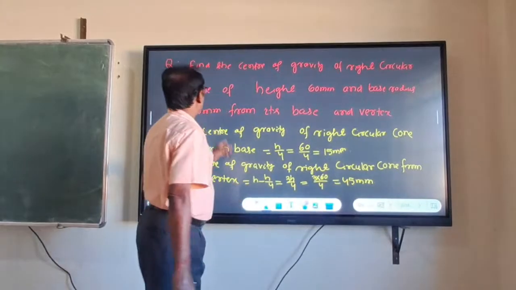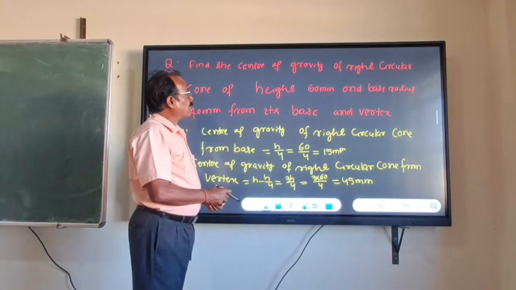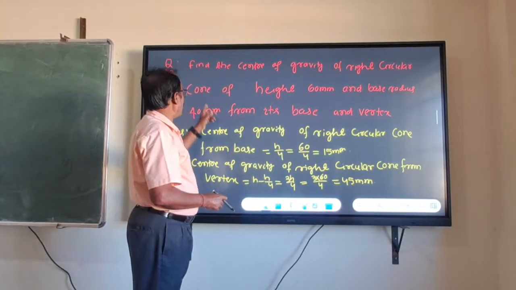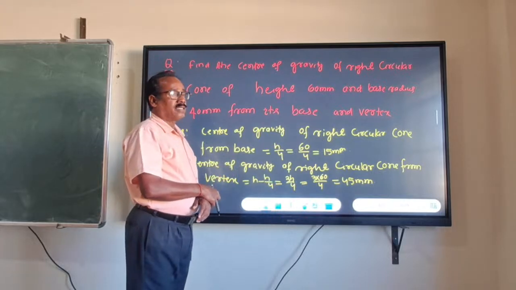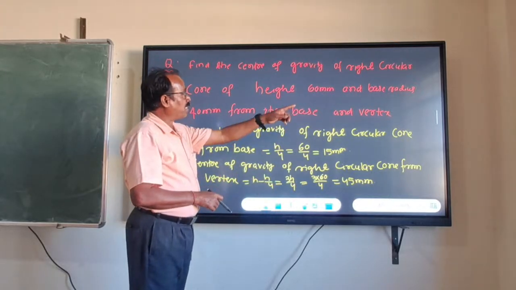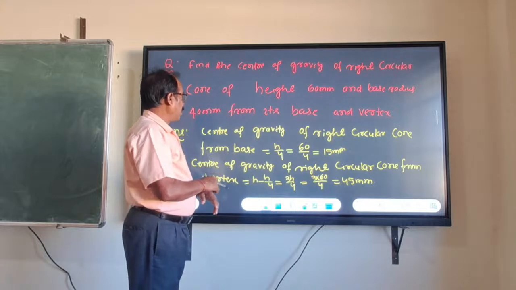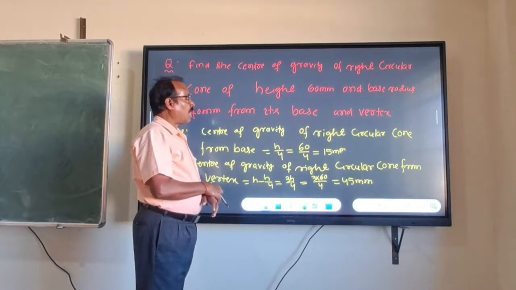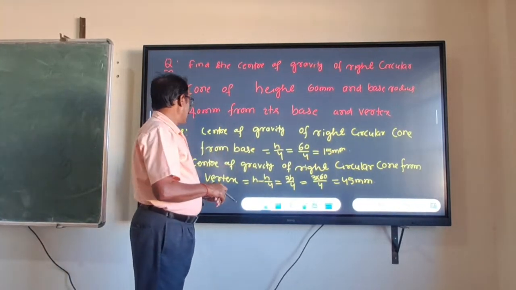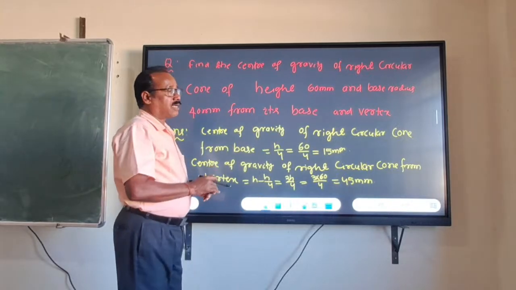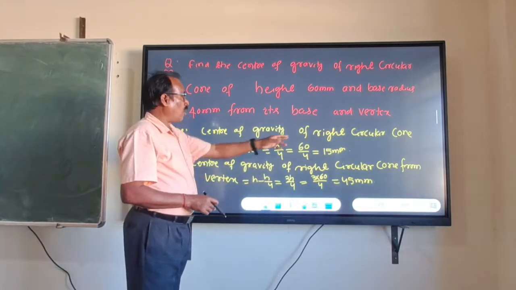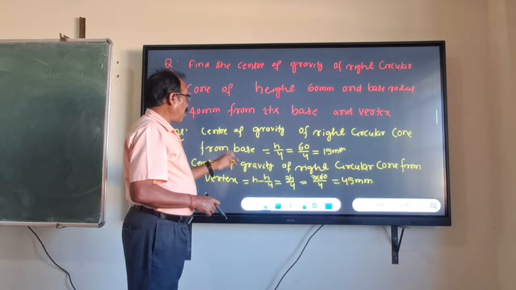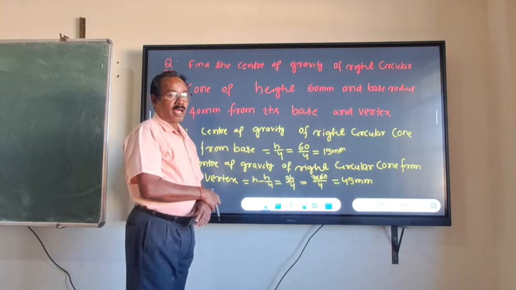Then next question, find the center of gravity of a right circular cone of height 60 mm and base radius 40 mm from its base and vertex. You should remember that the center of gravity of a right circular cone from the base is equal to h by 4.